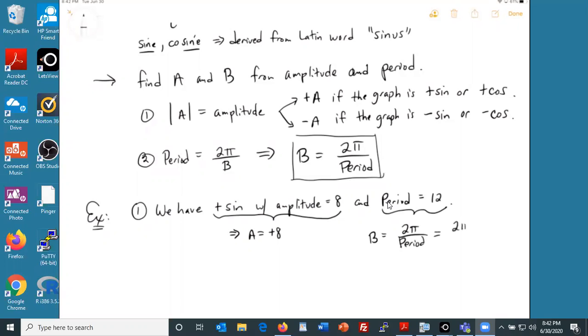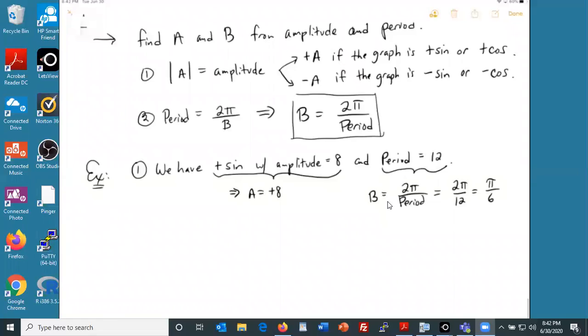So 2 pi divided by 12 is pi divided by 6. And therefore my equation is y equals, remember it's a times the sine of bx, so y equals 8 times the sine of pi over 6 x.